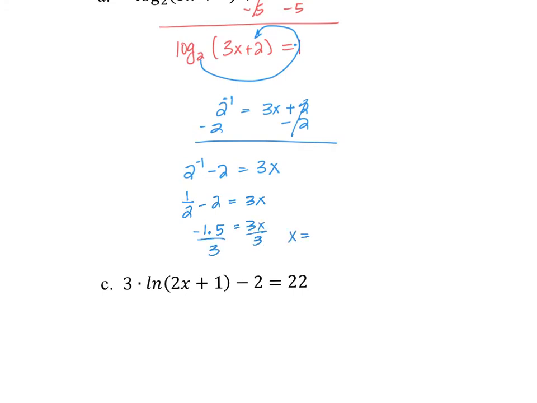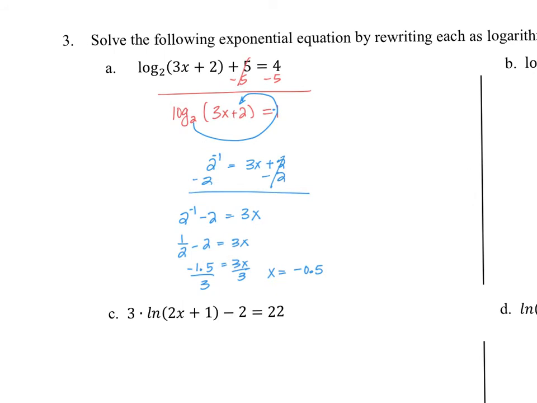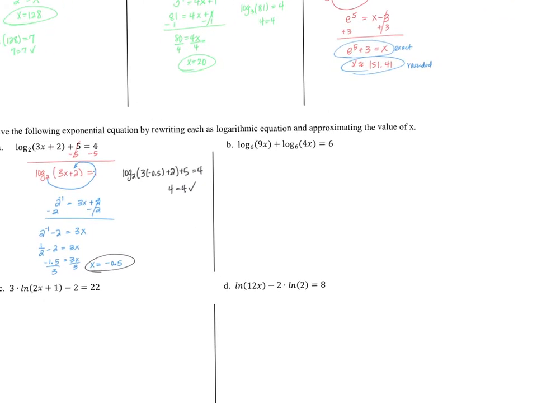X is equal to negative 1/2. Okay, so now we need to check this. Let's check it into our original. We have log base 2 of 3 times negative 0.5 plus 2, plus 5. Does that equal 4? And you actually do get that this is equal to 4 after you put it into your calculator.